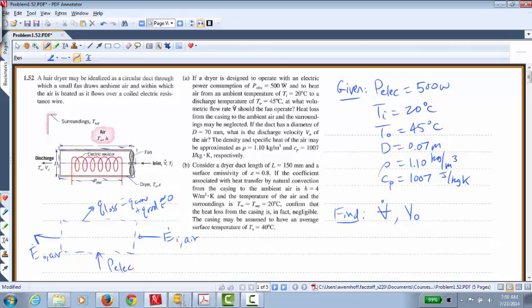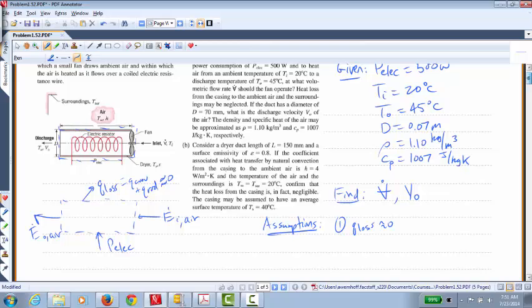So we're going to assume, based off of this statement here, that since it's negligible, that this Q loss is going to be 0. So if you look at assumptions that we would employ here, the first one, of course, is that Q loss is 0.